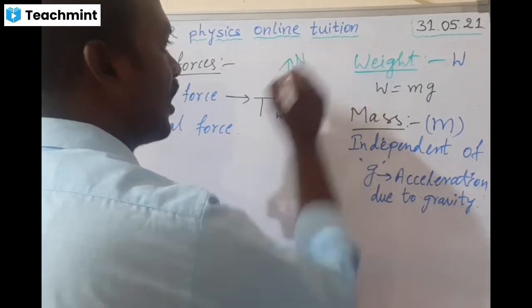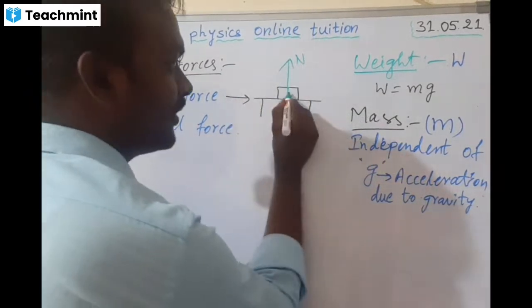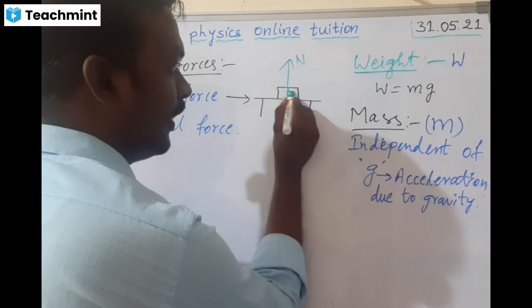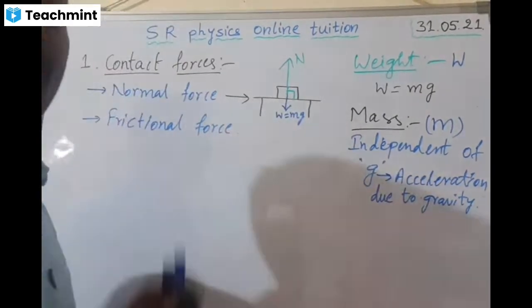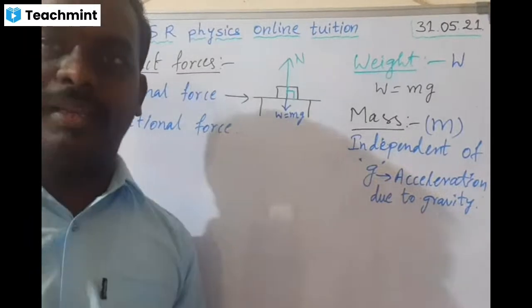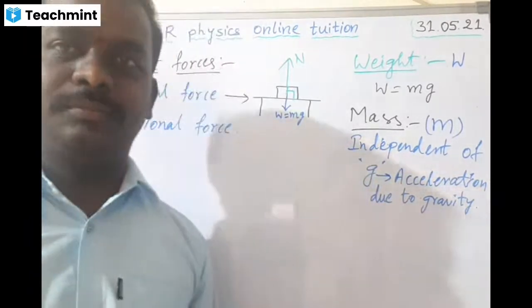So this is the normal force. See, this is the surface. For the surface which is in contact, it is existing perpendicularly. So that's what we'll call a normal force.